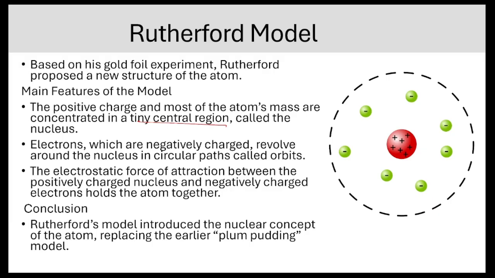So the whole mass of the atom is concentrated in the nucleus. He also concluded that the negatively charged electrons revolve around this positively charged nucleus in circular paths called orbits.